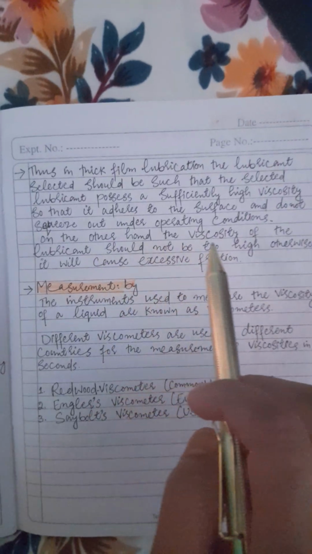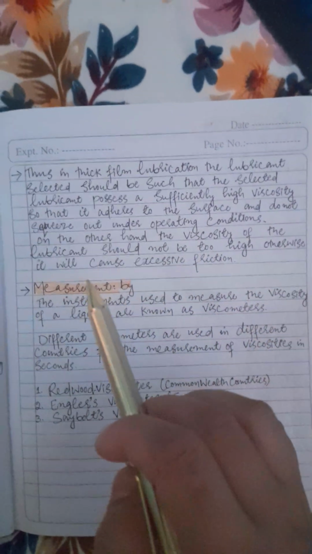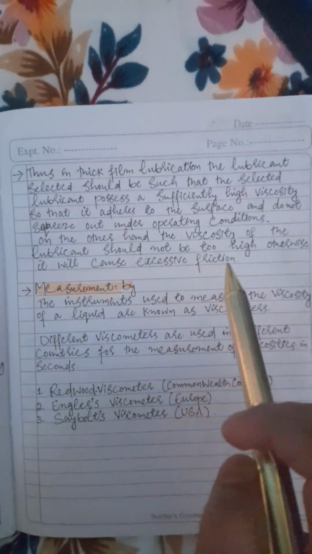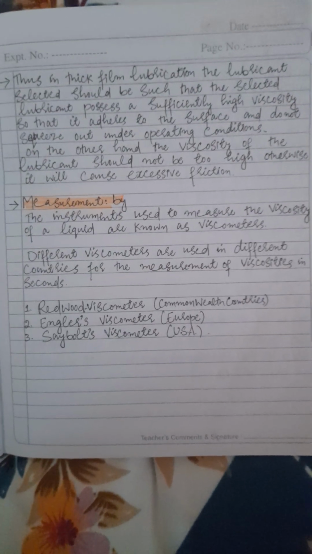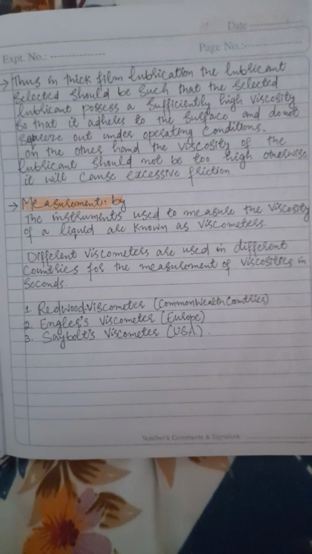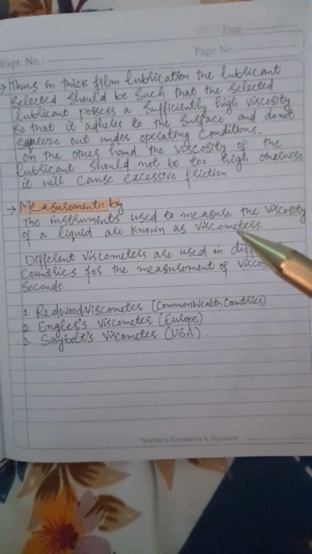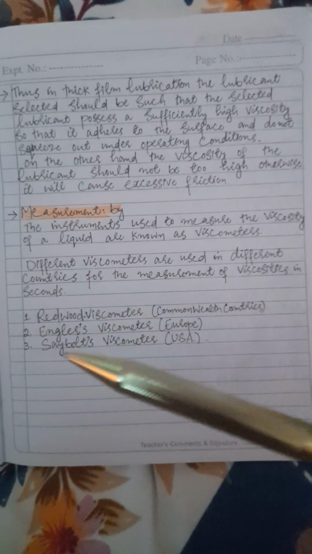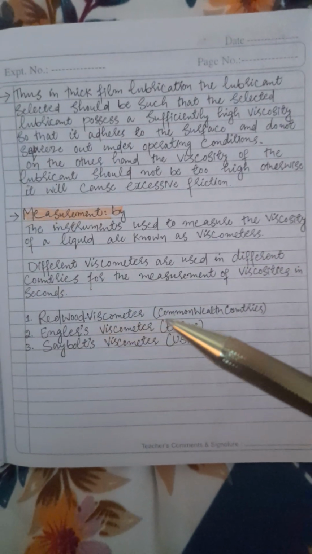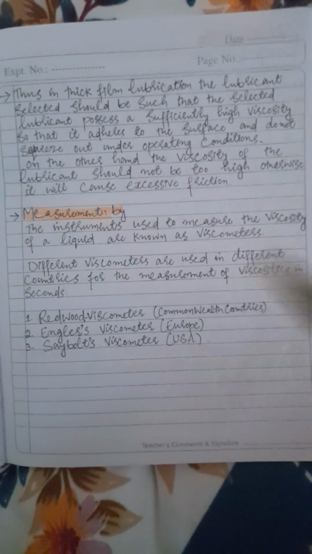On the other hand, the viscosity of the lubricant should not be too high, otherwise it will cause excessive friction. There are some instruments by which we can determine the viscosity of a lubricating oil, which are known as viscometers. The different viscometers used can be the Redwood viscometer, Engler's viscometer, and Saybolt's viscometer. Fine.